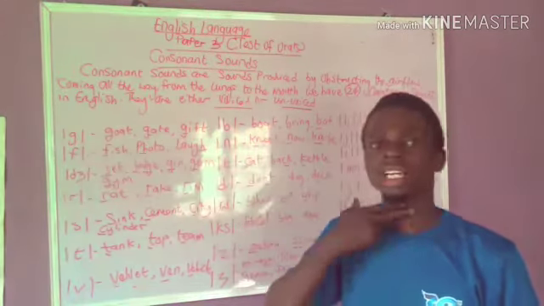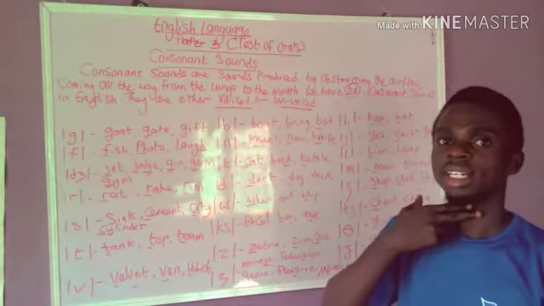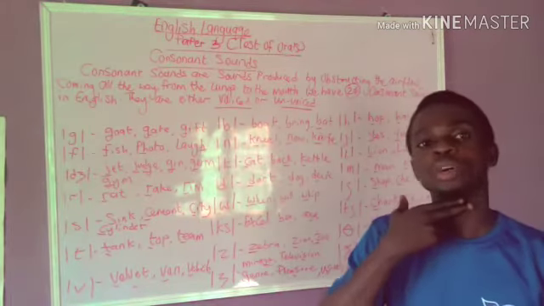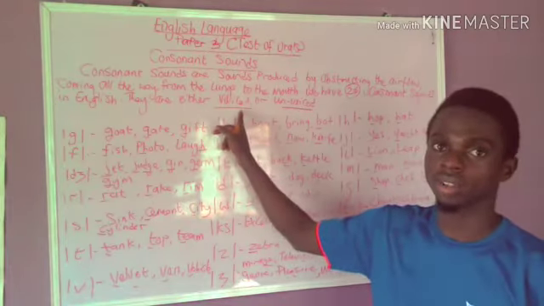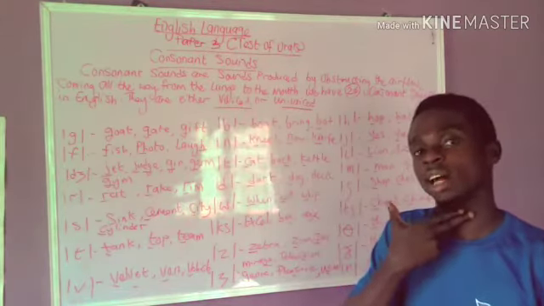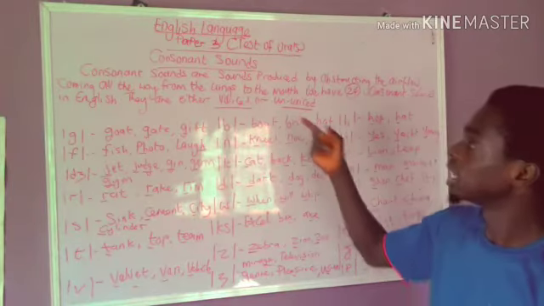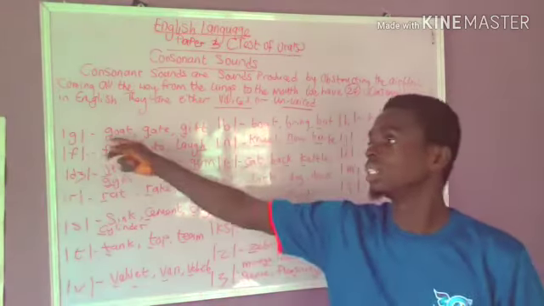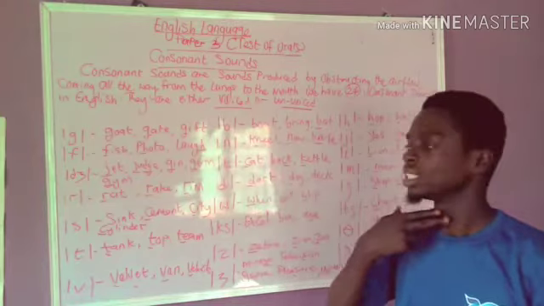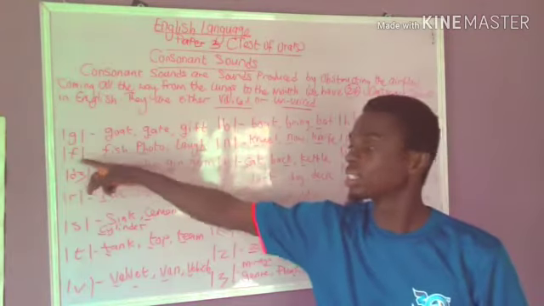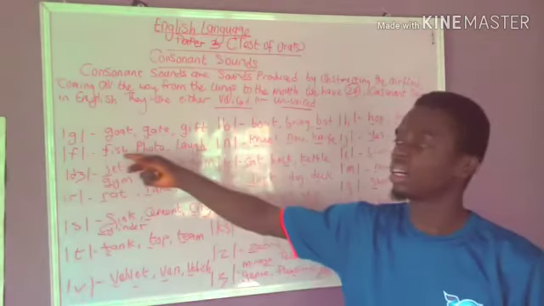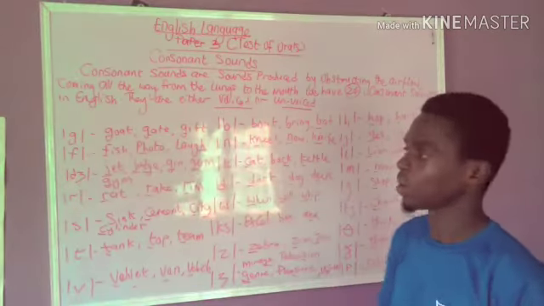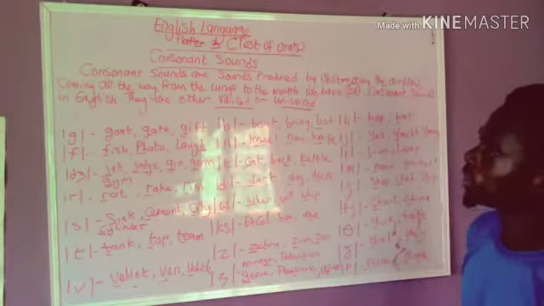The first is G. Say it again. G. When you feel vibration here around this region, then it's a voiced consonant sound. But if you do not feel vibration here when you say the sound, then it is an unvoiced consonant sound. G. G. This is voiced, and this is unvoiced, no vibration.